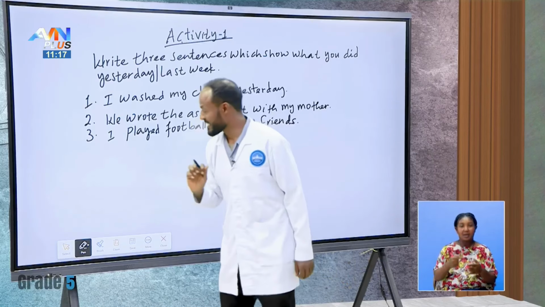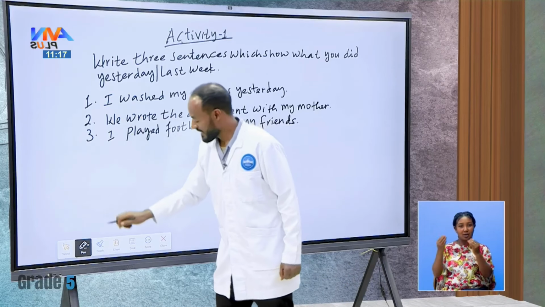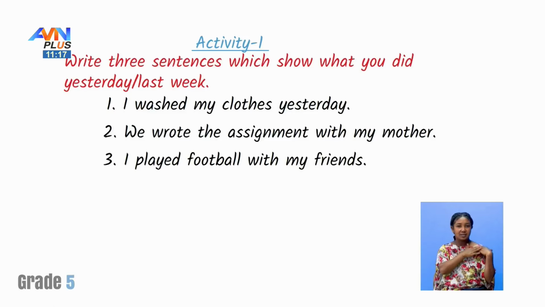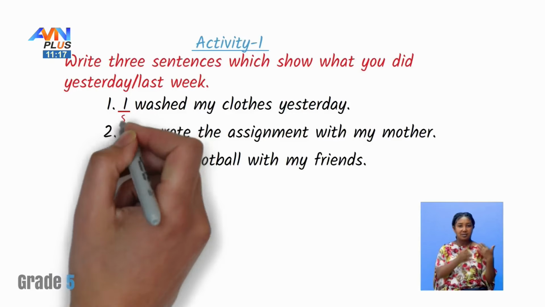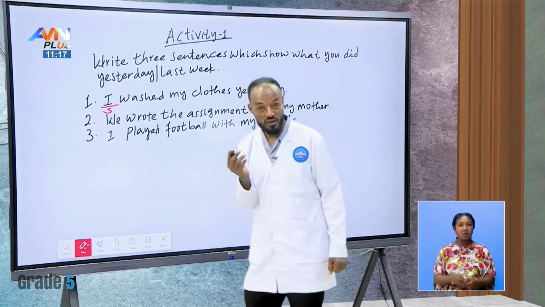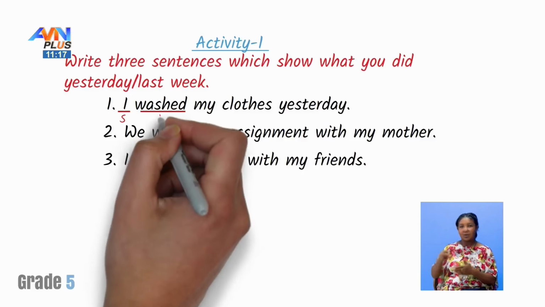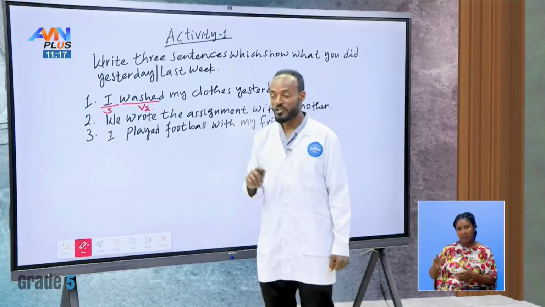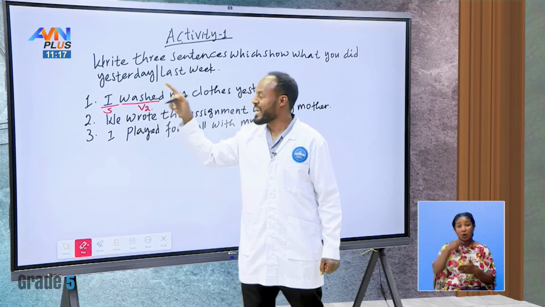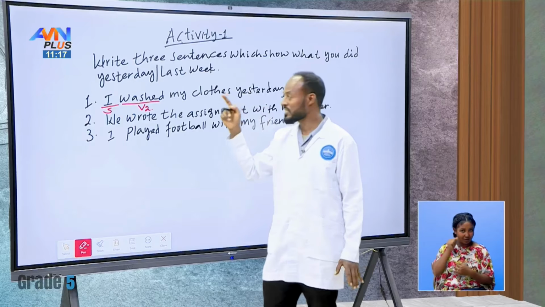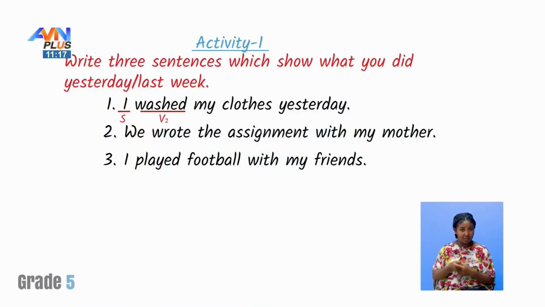Here in this sentence, students, now the subject. In this sentence, the subject is here. Which one is the verb? Verb 2. Here is verb 2. So when we say, I washed my clothes yesterday, my clothes can be the object.